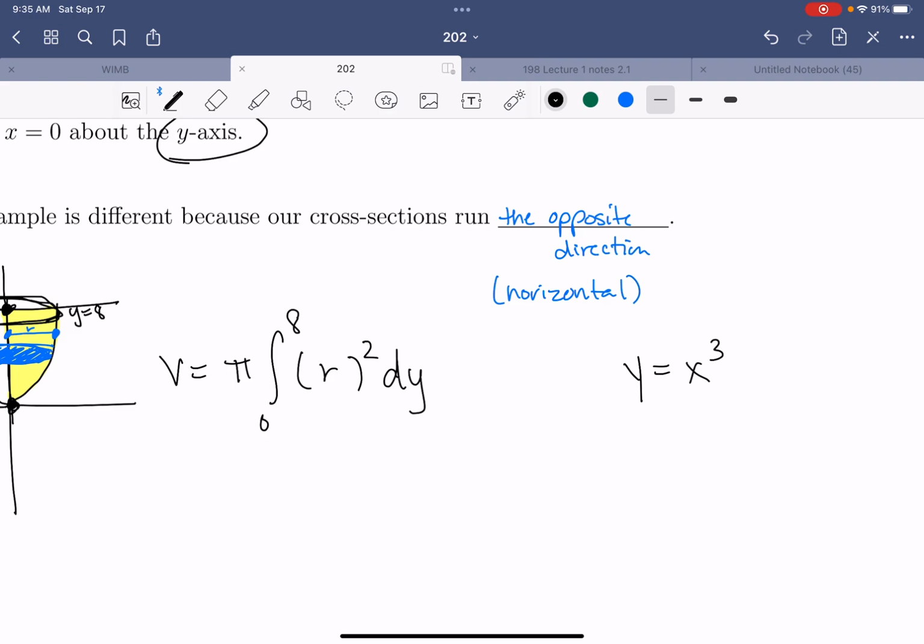But keep in mind that my boundaries are y values, which means that I'm integrating with respect to y. So that means this has to be a function of y. So I've got to solve it for x. In order to solve it for x, we need to take the 1/3 power of each side, or take the cube root. That'll give me x on the right and y to the 1/3 on the left. So y to the 1/3 is what I'm putting in here for my r.